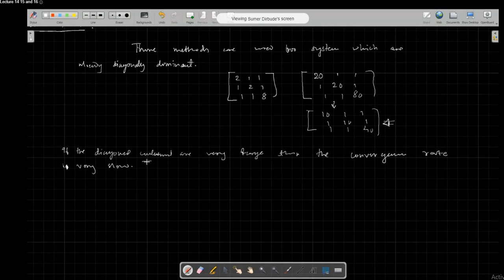Thus, to accelerate a convergent system, over relaxation is used.